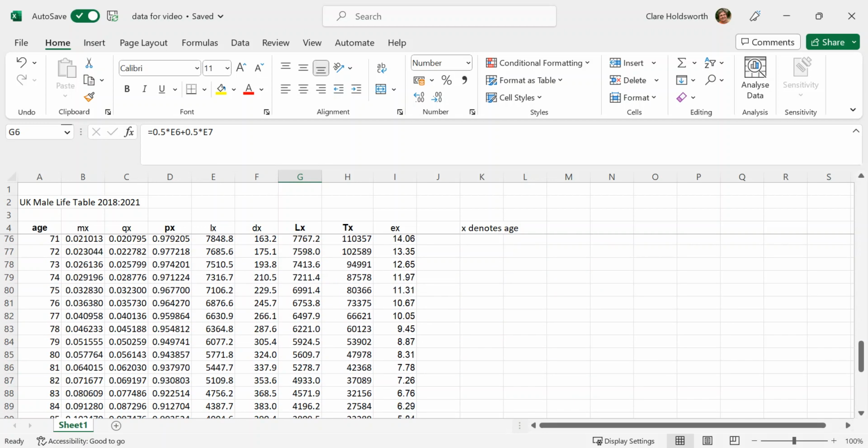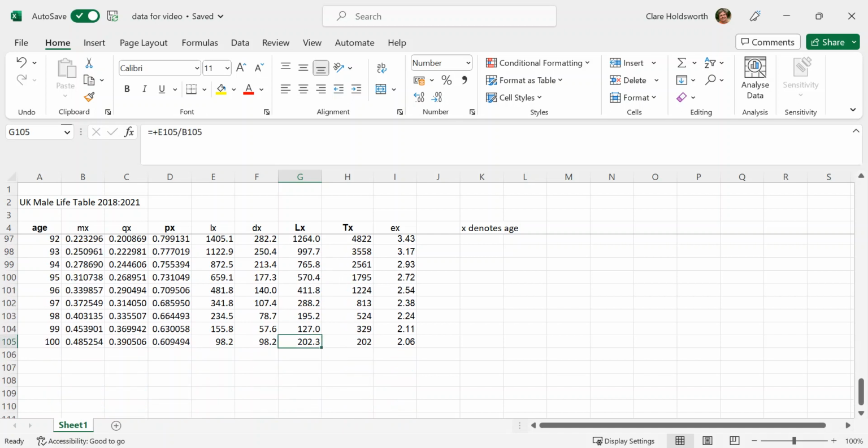Now, we do have to make an important assumption for the last age group, because we don't really know how many person years they're going to live, because we don't have anything to calculate in a subsequent age group. In order to calculate the big LX for the last age group, we make an assumption that the number of person years lived in that last age group is simply the number of people alive at the age group divided by the age-specific mortality rate.